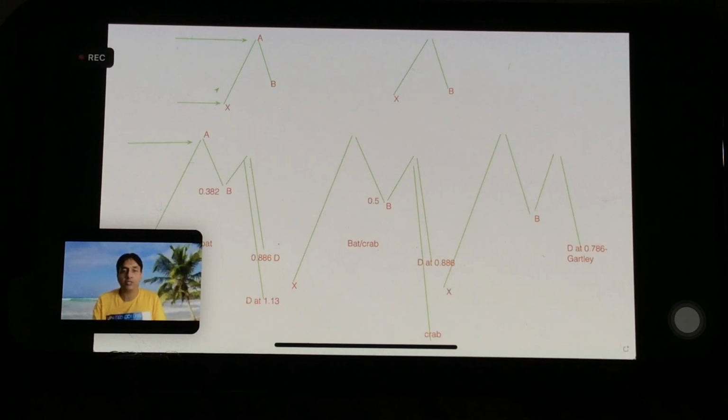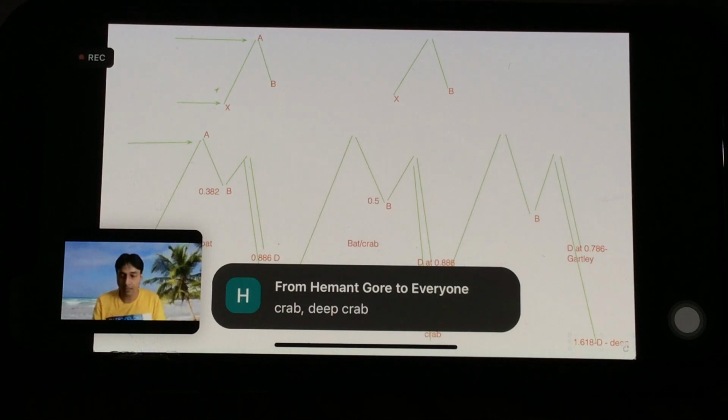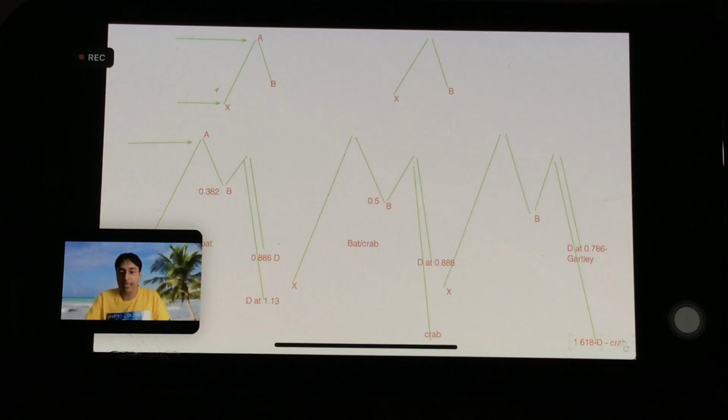And if it hits stop loss or if PRZ is not matching, then price is going for 1.618 D. That will be deep crab. Sorry, crab only, not deep crab. That will be crab.